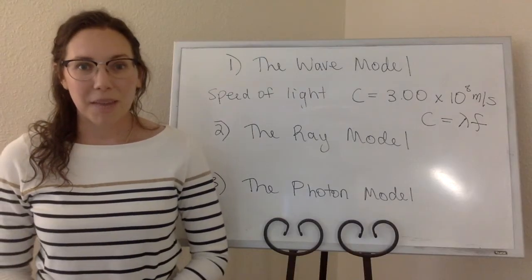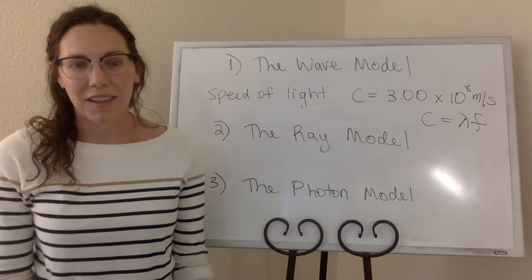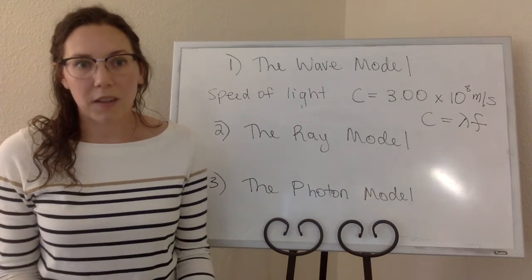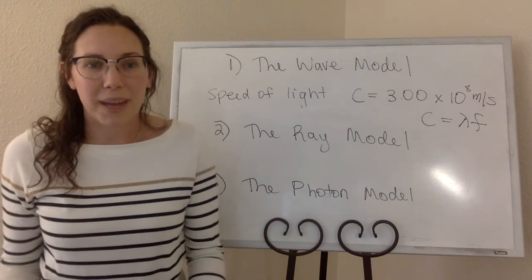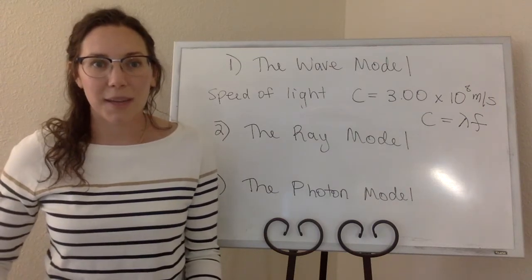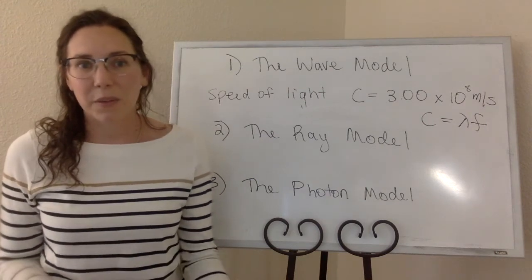Okay, the three main models of light are the wave model, the ray model, and the photon model. As I was saying, the wave model assumes that light is a wave and it's an electromagnetic wave. So let's recall that electromagnetic waves do not require a medium to propagate. They can travel through a vacuum.